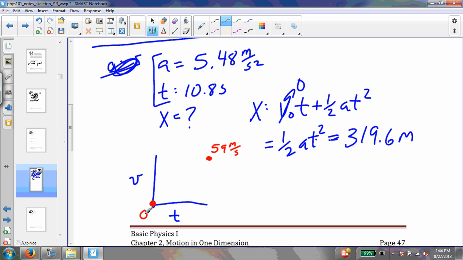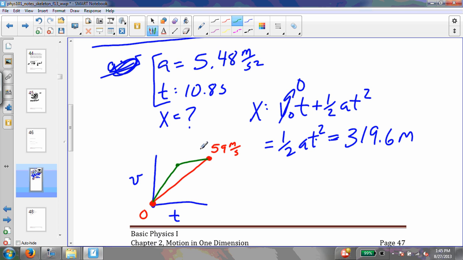I know those 2 points are true because they're given. Now, I can go in several different ways. I can go this way to get there. Or let's imagine that I can go like this, where I increase my velocity in a certain way, and then I increase in that way.